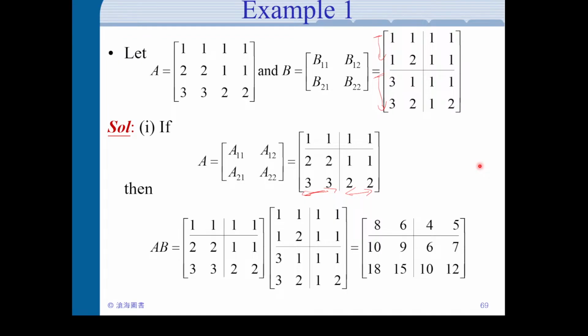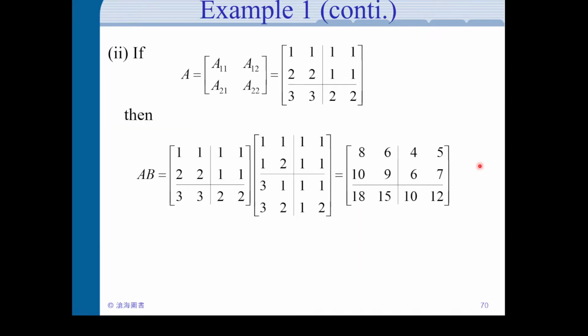Then we can have a different partition on A, and we can partition the rows differently, then the result will have a different partition on rows.